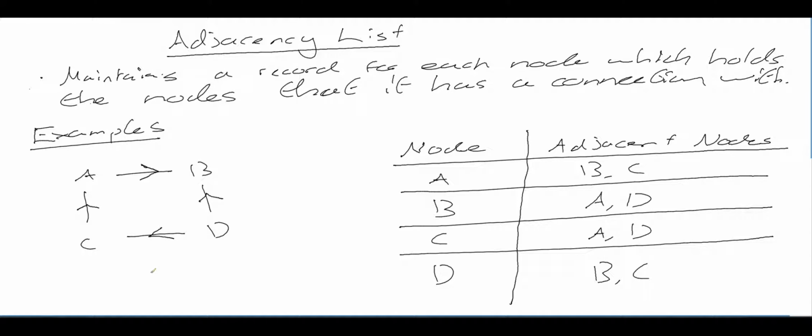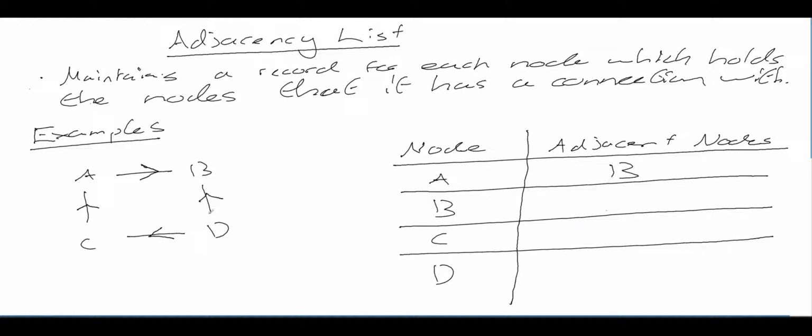Okay, so now I've made my graph a directed graph. So we need to modify our adjacency list to reflect the fact that the graph is now directed. If we look at A, it now only has a connection to B. A is now only adjacent to B, so we write down B in here.